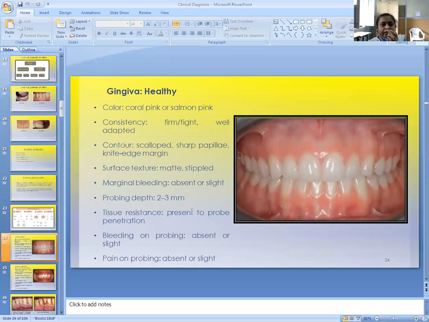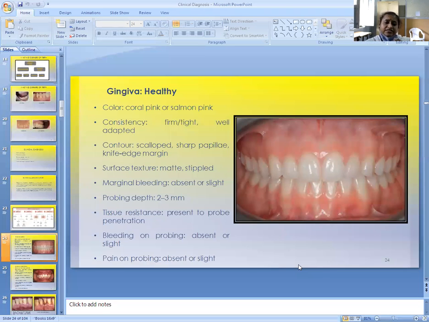See here, this coral pink color of gingiva, and the consistency is firm, tight and resilient. This is normal consistency of gingiva, but in inflammation the consistency becomes soft and edematous, because fluid from the vasculature of the gingival connective tissue comes out of the vessel wall and accumulates in the extracellular and intracellular areas in the connective tissue.